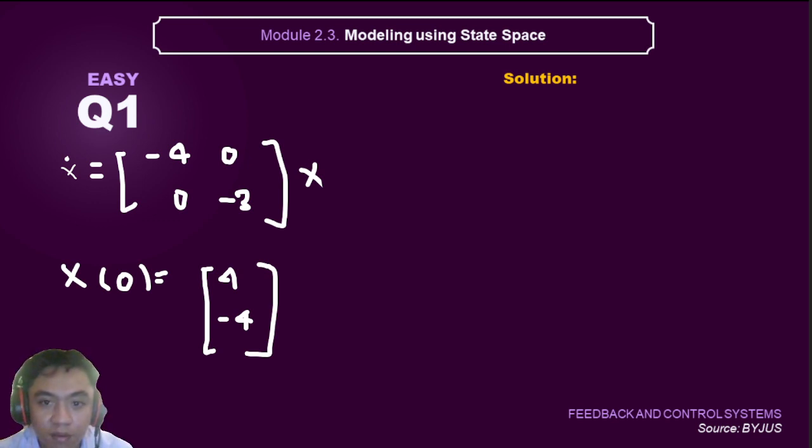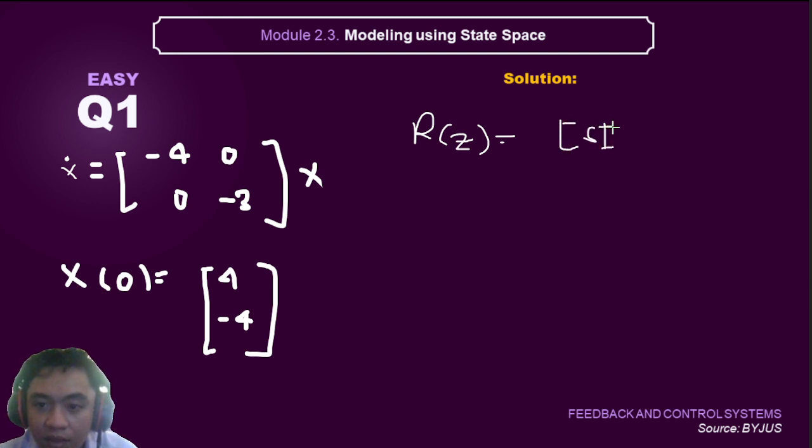The resolvent matrix, represented as R of s, is equal to the transpose of sI minus A, the identity matrix times s minus the state matrix itself.